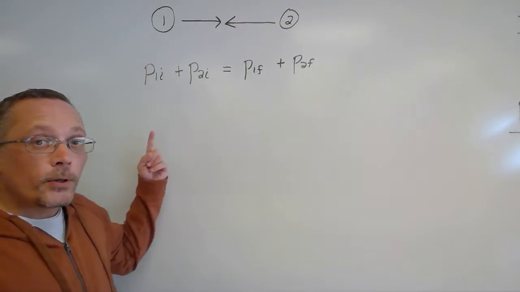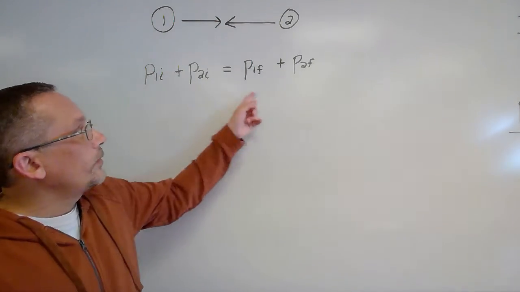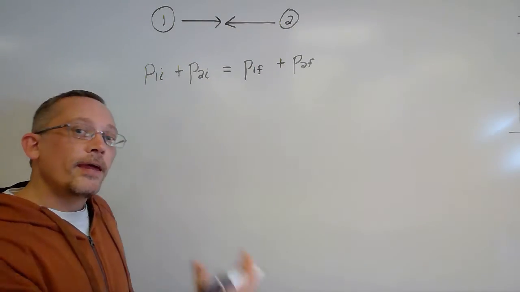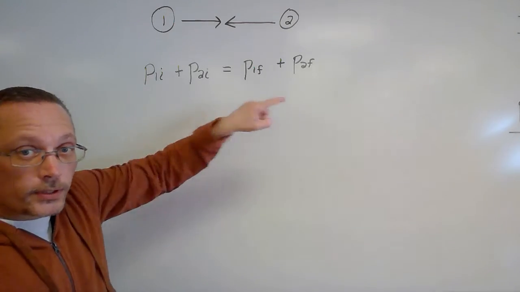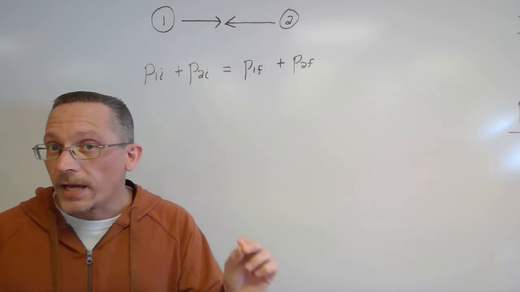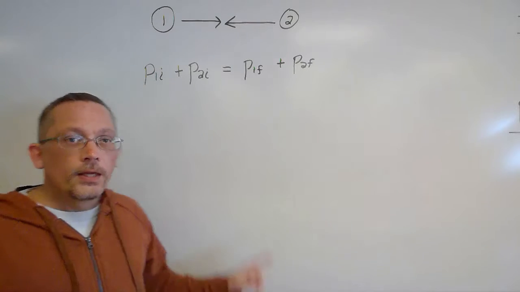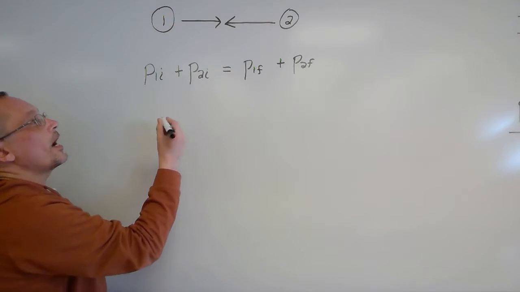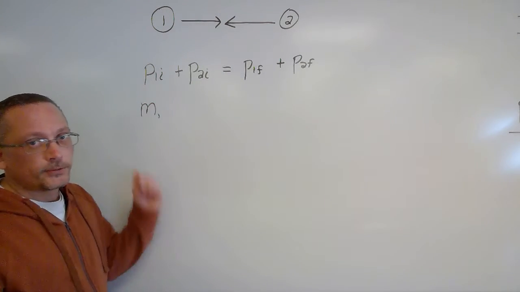Now we know that momentum is mass times velocity, P equals mv. So let's substitute out the P for an mv. Over the course of the collision, usually in the collisions that we're going to talk about in physics class, the mass of objects doesn't change, but their velocity will. For the initial momentum of object 1, I'm going to say that its mass is m1, the mass of object 1.